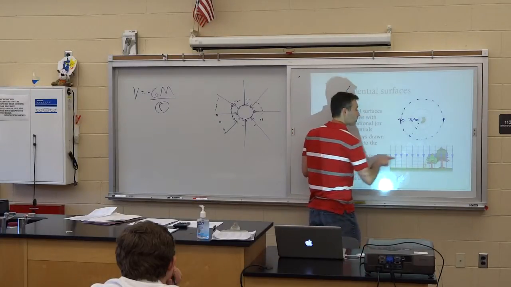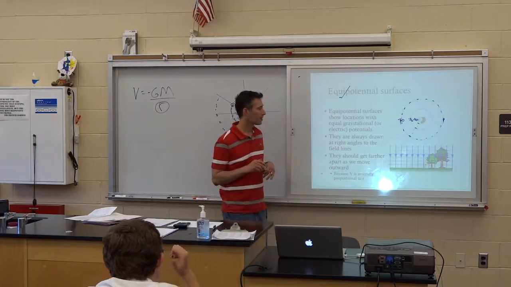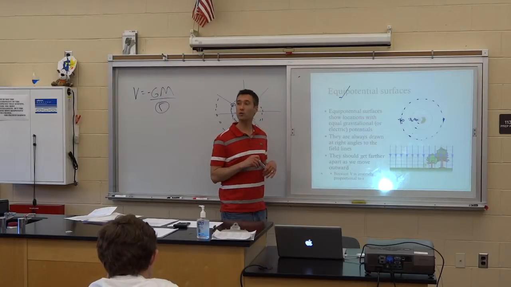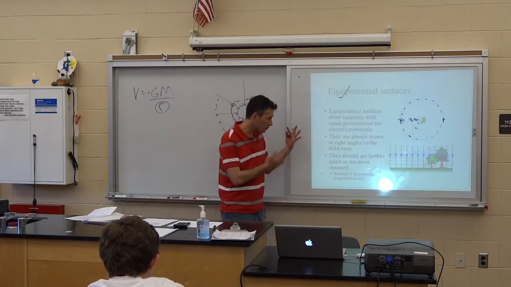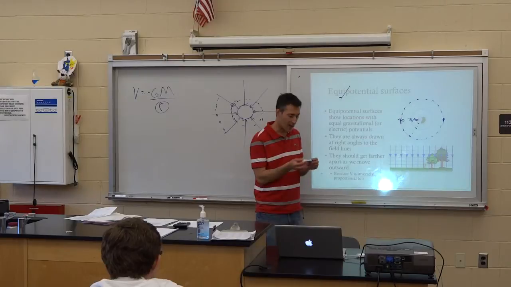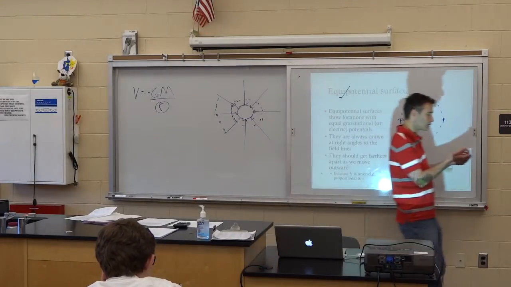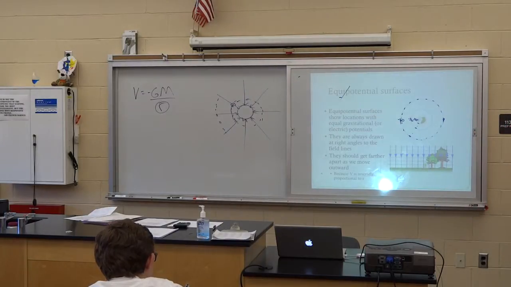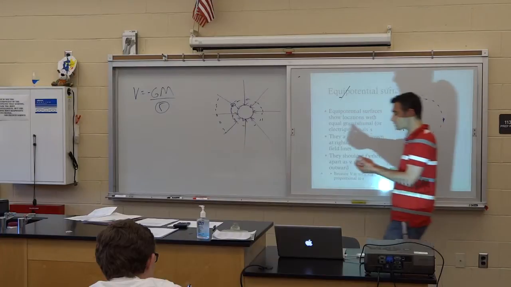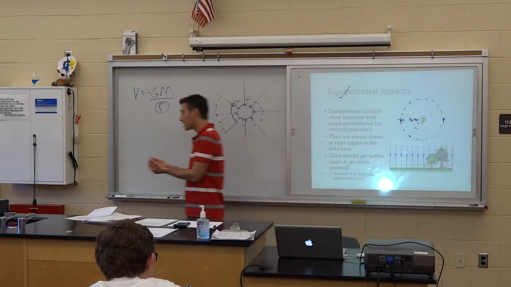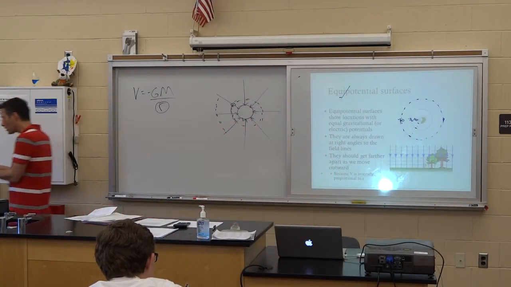And what are these horizontal lines? Equipotential surfaces. We've been saying since probably last November that if we hold something at a given height and move it just horizontally, we don't have to do any work to it. I'm not doing any work to this dry erase marker because it has the same gravitational potential energy as I move.